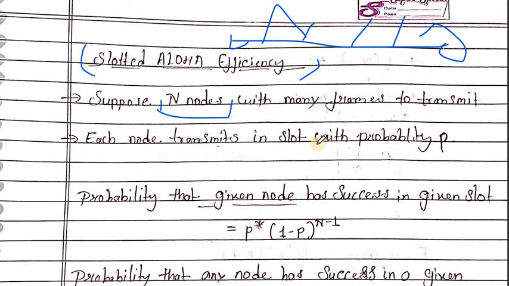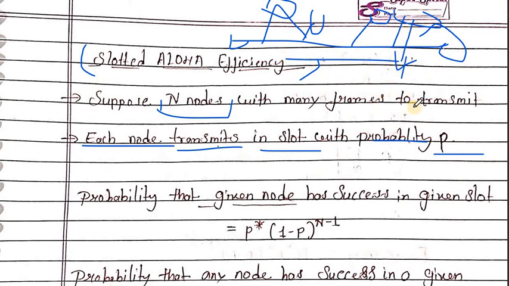Each node transmits in a slot with probability P. Here it means that each node sends its packet into the channel with probability P. These are two cases.